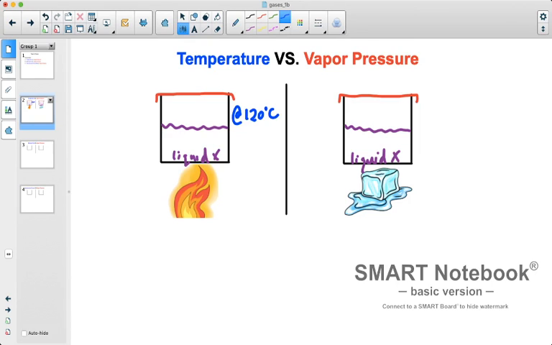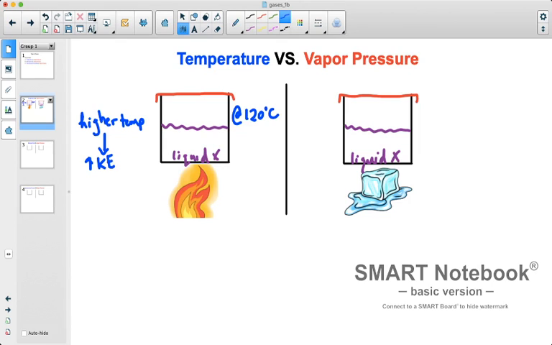What happens at this point is that we already know it's at a higher temperature. By placing it under a Bunsen burner, we can naturally see that the temperature is going to get higher. What we should remember is that as this extra heat energy is being applied to the beaker, the kinetic energy, or the energy of motion, starts to increase.